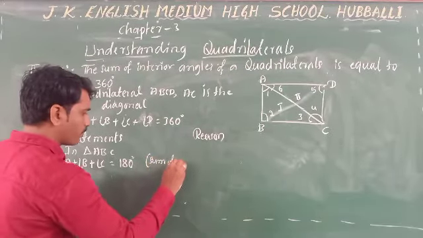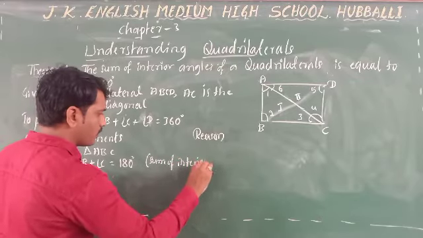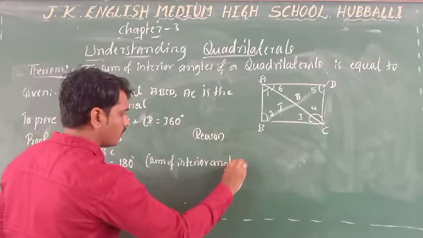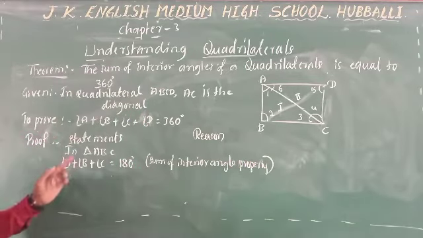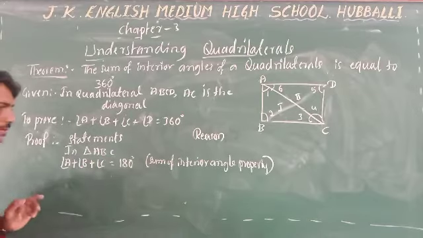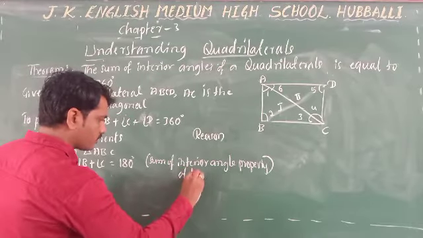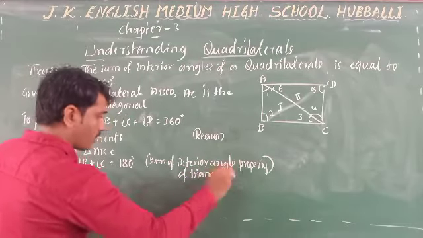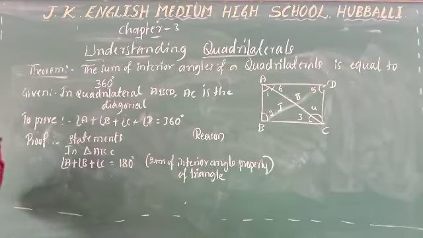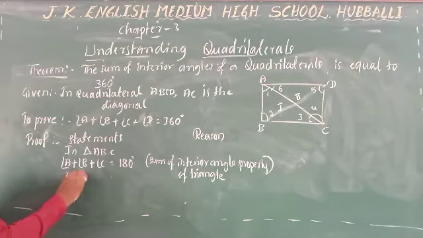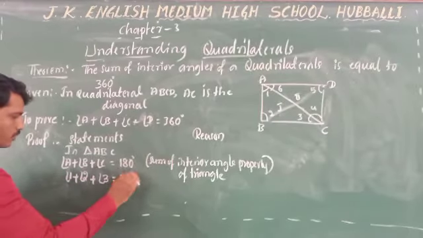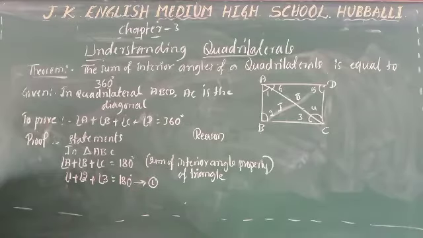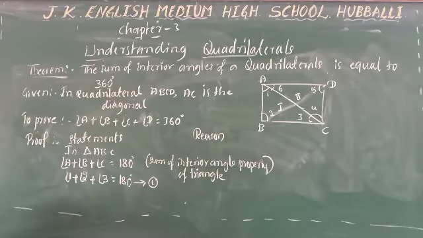Sum of interior angles property of triangle. Correct? So here tell me the angles. Angle number 1 plus angle number 2 plus angle number 3 is equal to 180 degrees. Let us consider it as equation number 1. Up to this is clear, children? Okay. Next one.